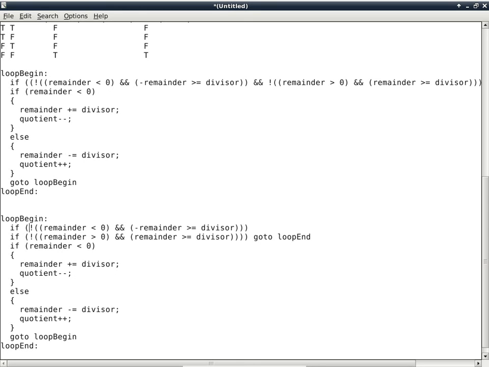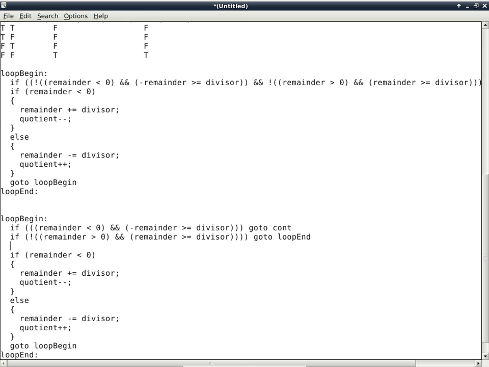If the negation of the first condition is true, then we know the entire conjunction is going to be false, and therefore we can go to, the entire thing is false. So we can continue execution. So we go to continue, and the continuation label is going to be here.